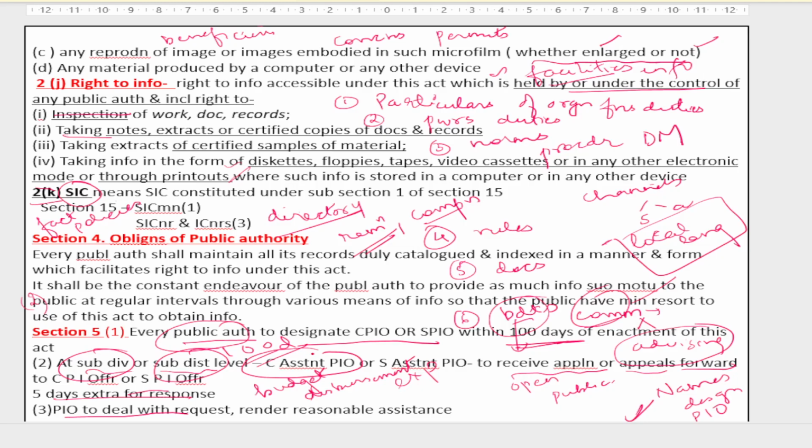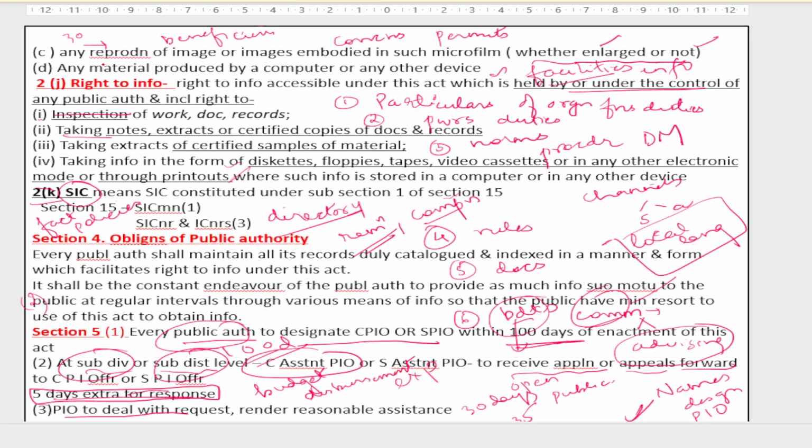And if an assistant PIO is appointed, then 5 extra days will be given for response. So earlier if the information was provided within 30 days, now it is to be provided within 35 days because 5 days are taken by the assistant PIO to transfer the application to the PIO. So whatever the prescribed period is, 5 days are added.